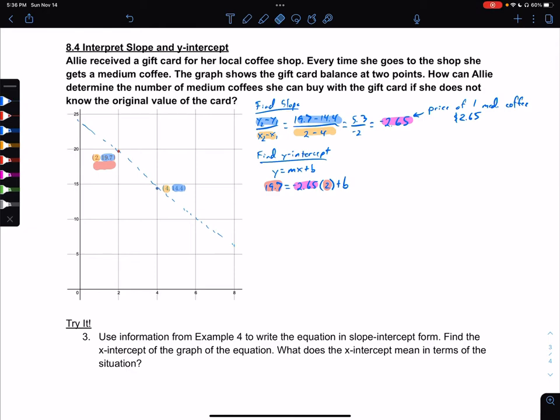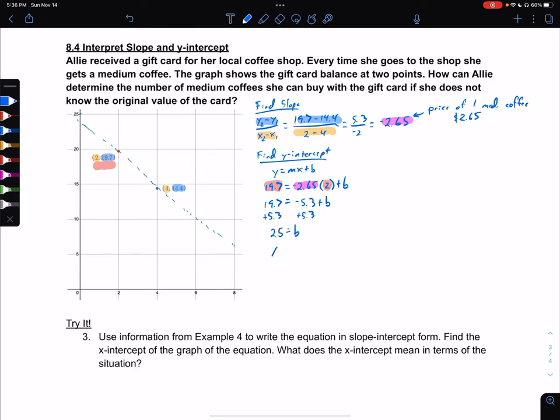So then I calculate this, I would get 19.7 equals, so negative 2.65 times 2 is negative 5.3 plus b. So then I would add 5.3 to each side, and I would get b is equal to 25. So that b equals 25 is the y-intercept, which would be right up here, right?